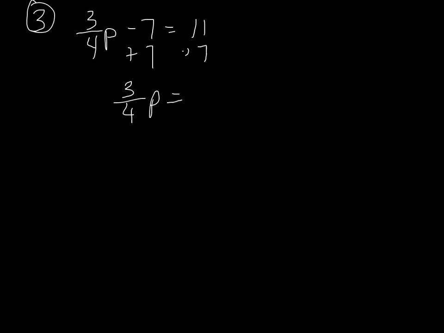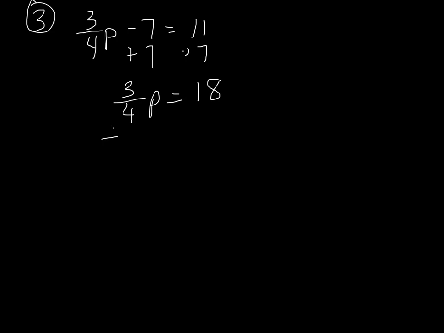Okay, number 3. 3/4 P minus 7 equals 11. So get rid of that number first. Plus 7, plus 7. I'm left with 3/4 P equals 18.